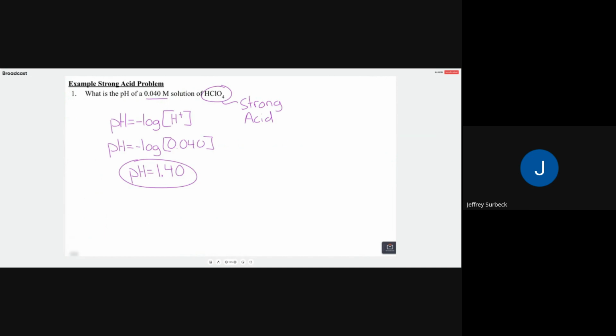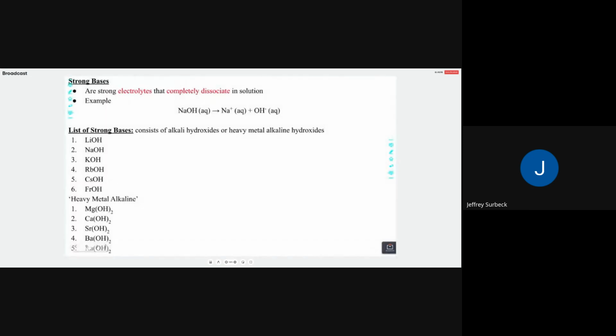All right, now, strong bases. Again, the only way to know if you have a strong base or not is if you have memorized these strong bases. Now, there are a few more than 7; there are 11 strong bases.